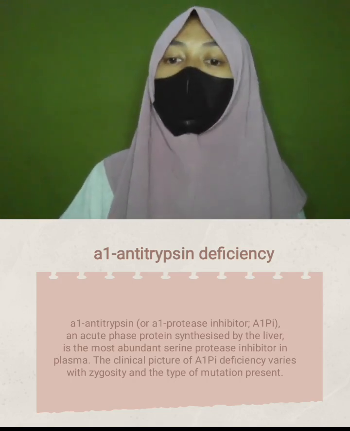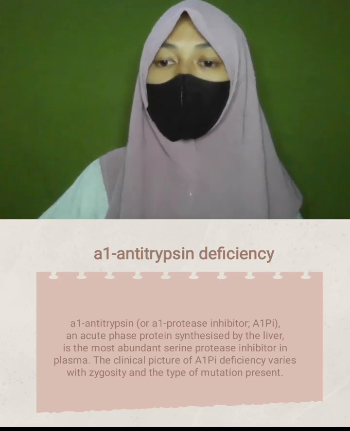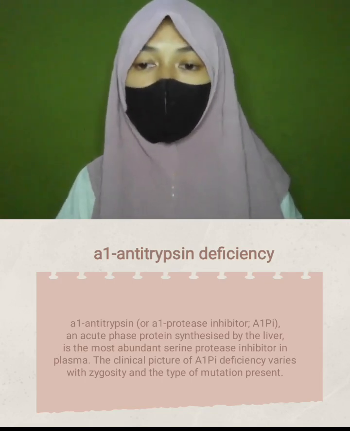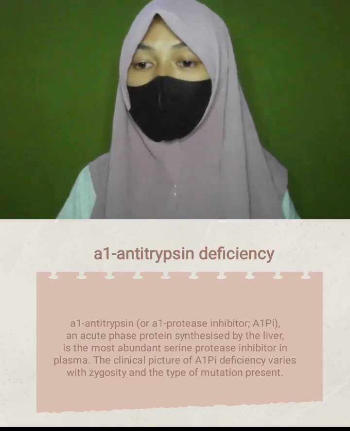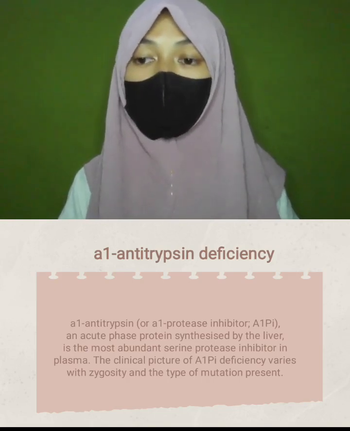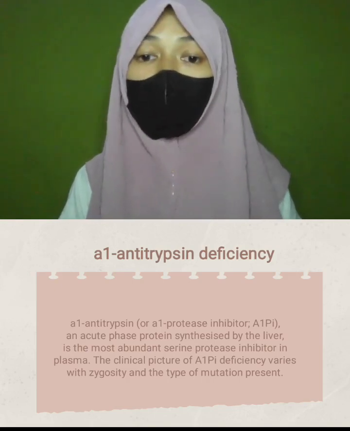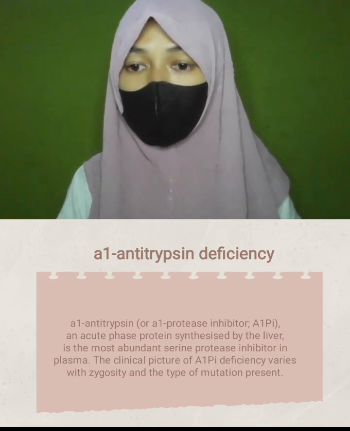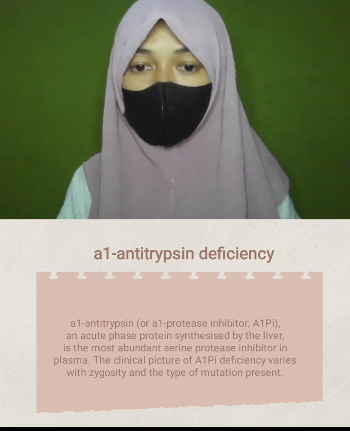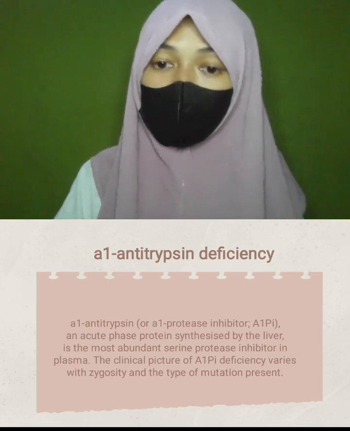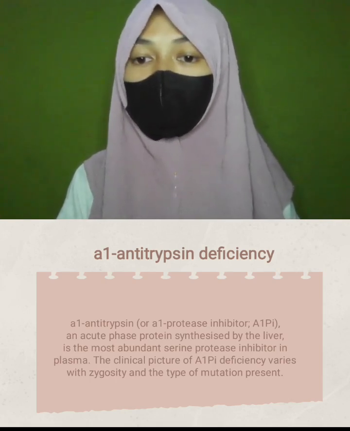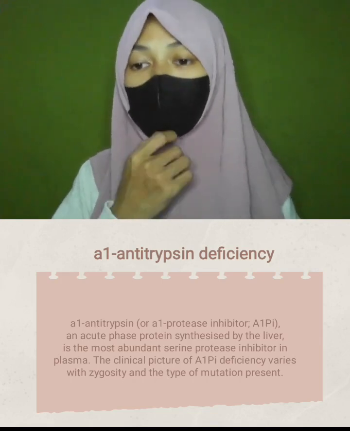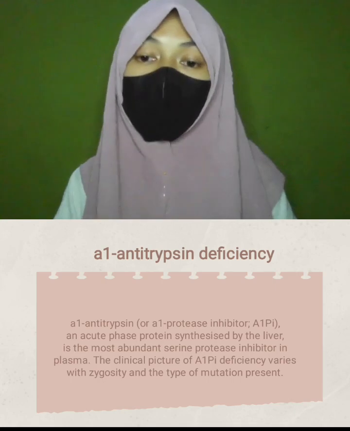For example, due to the replacement of arginine for methionine at position 358, yung A1PI natin loses its antitrypsin activity but obtains heparin independent antithrombin activity, causing the phenotype of a severe bleeding disorder.